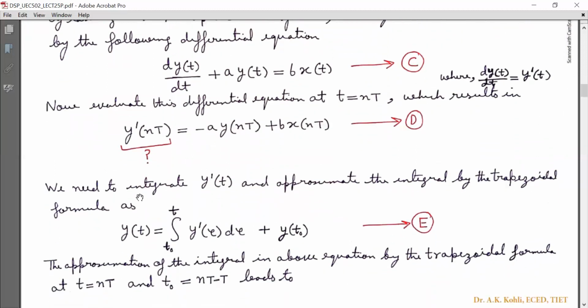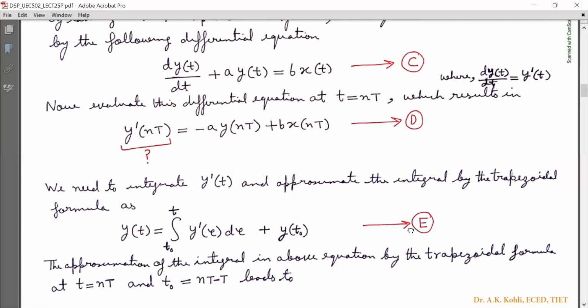Now we need to integrate y dash t, that is dy(t) by dt, and approximate the integral by the trapezoidal formula. Integration gives y(t) is equal to the integral from t naught to t of y dash tau d tau plus y(t naught).